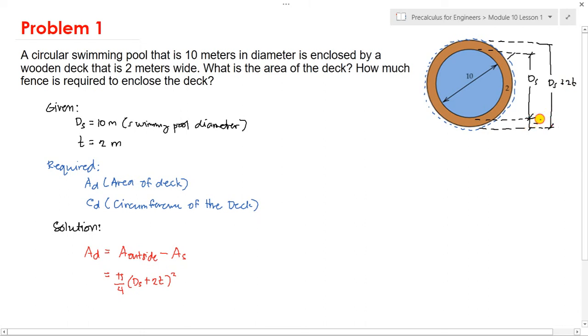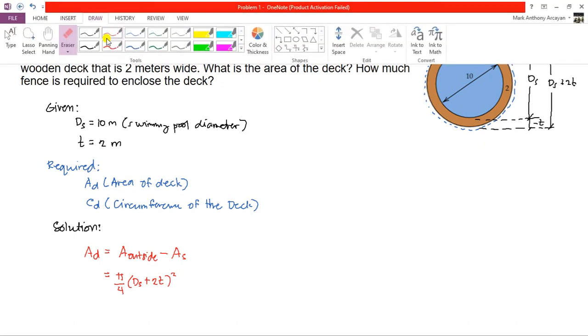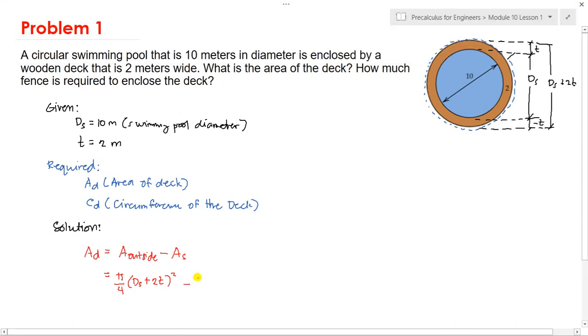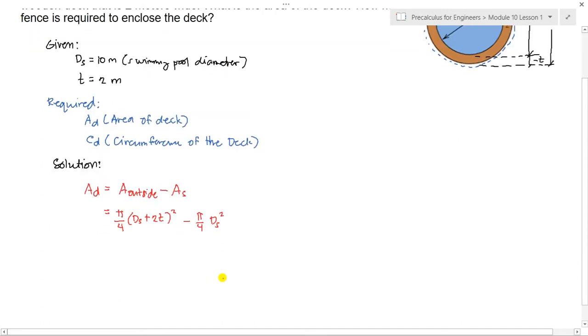Tungod kay diri, this is t and then this one also is t. So 2t siya. So the outside diameter is ds plus 2t, then squared kay area man, minus area sa swimming pool. So area sa swimming pool is just pi over 4, again in terms of diameter, mao nang gi-over 4. Kaya ito ang gi-derive ganiha. So minus pi over 4 ds squared.